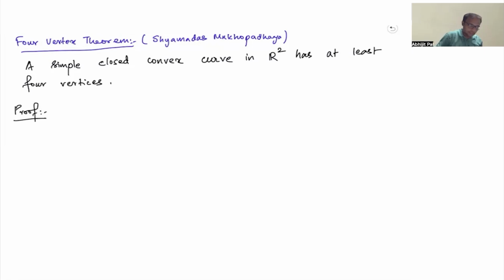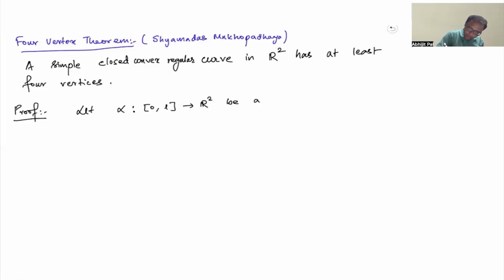How do you prove this? Let alpha be a simple closed convex curve. Since it is convex, it will also be regular.